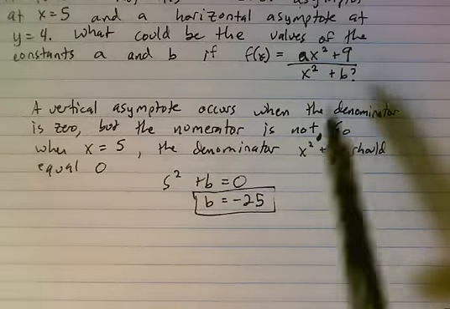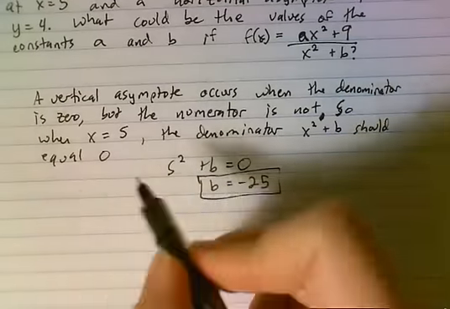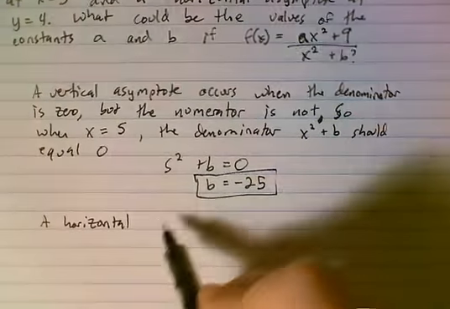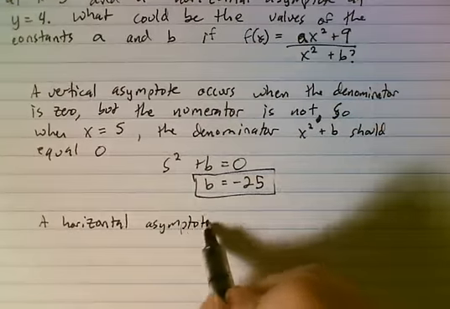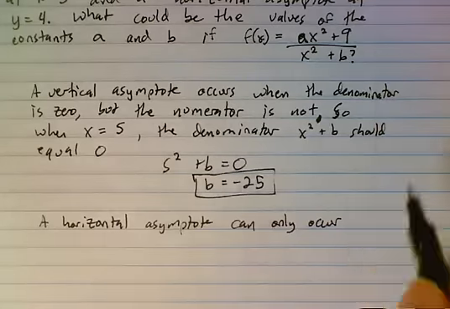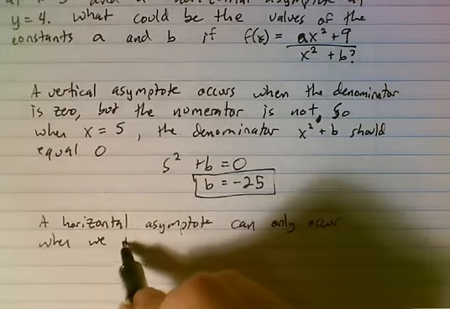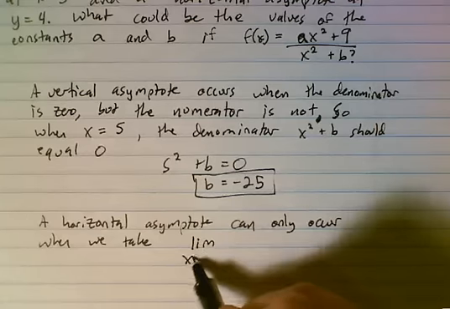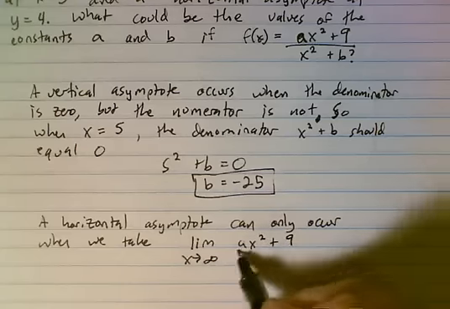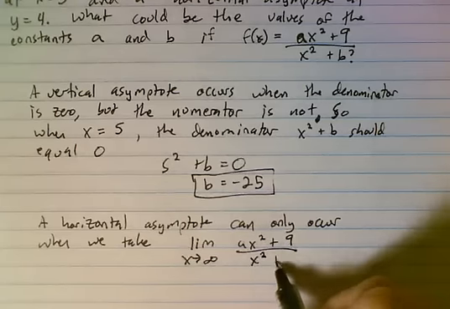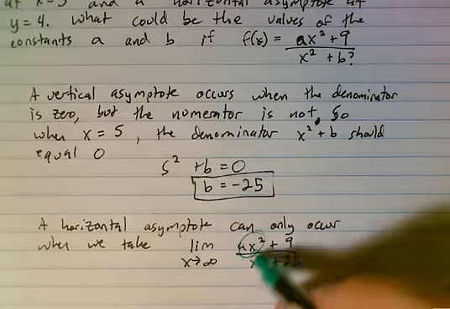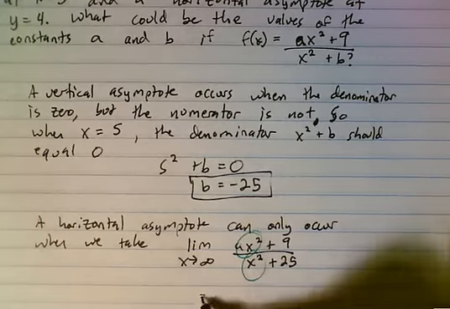So let's go and find the limit of this as x approaches infinity. So these are the two biggest exponents.